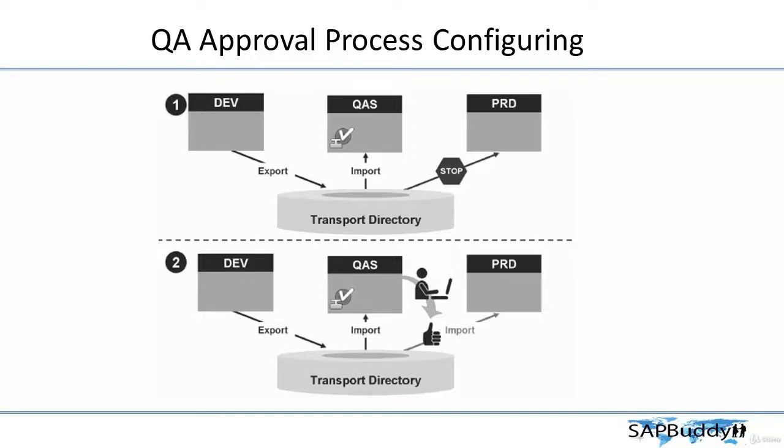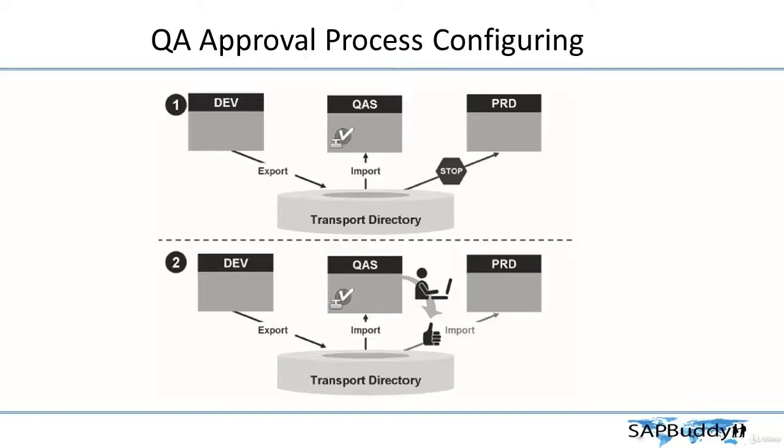Let's say you want to have a QA approval configuration. In a typical 3 system landscape, the QA approval will be done in the quality system. When you do any development in the development system and export the TR, the TR will be available in the QA system for import.